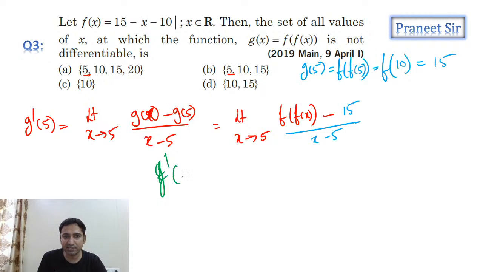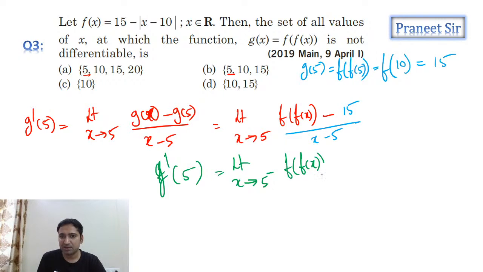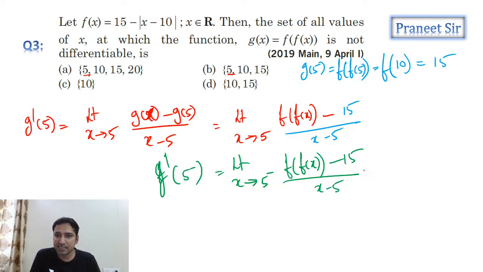Left hand derivative is z dash 5 minus, which is limit x tending to 5 minus of f of f of x minus 15 by x minus 5. This is what we should calculate. Okay. Chalo. Let's calculate this. As we are getting 0 by 0, let's apply L'Hospital rule.